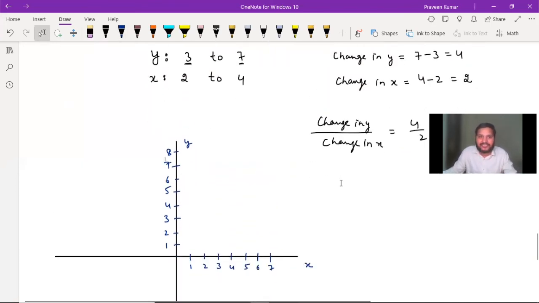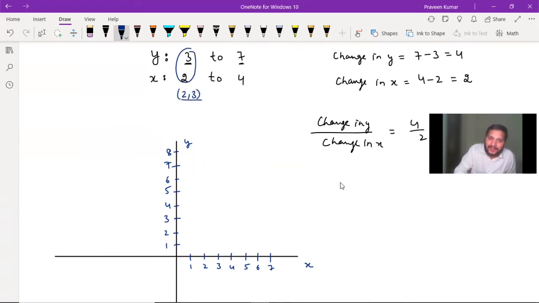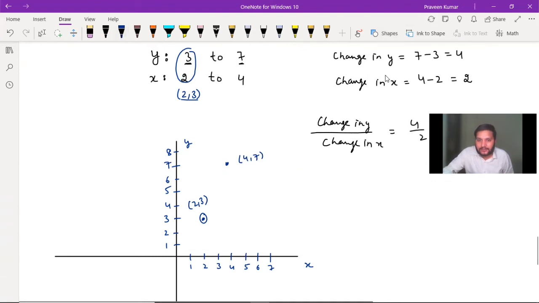Initially x was 2 and y was 3, so we have the point (2, 3). We can plot it here. After that x changes to 4 and y changes to 7. This point will be somewhat here, which is (4, 7). If I join these points by a straight line, it will be somewhat like this.